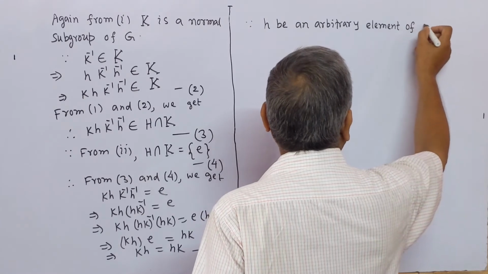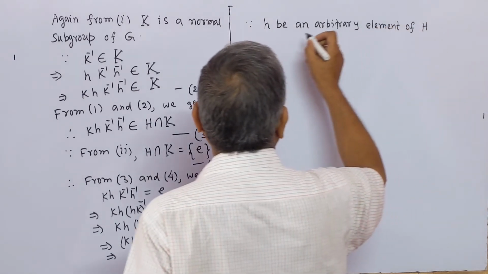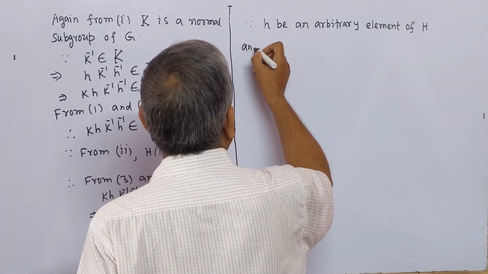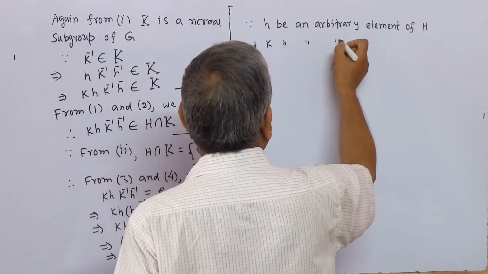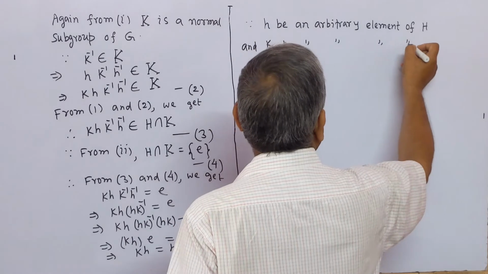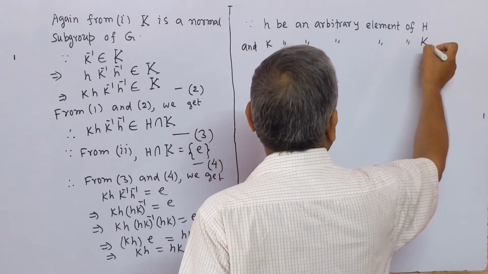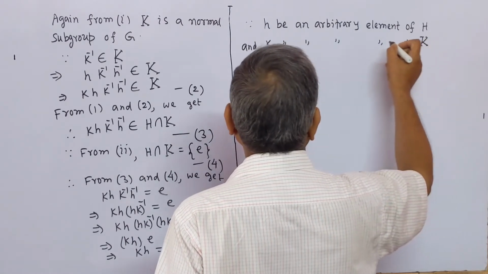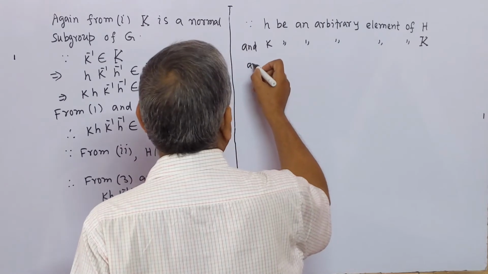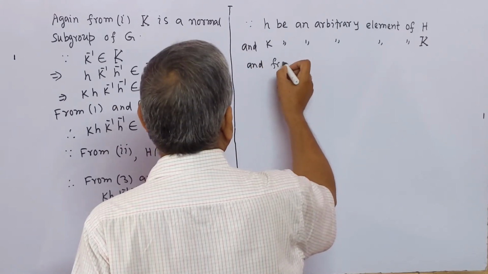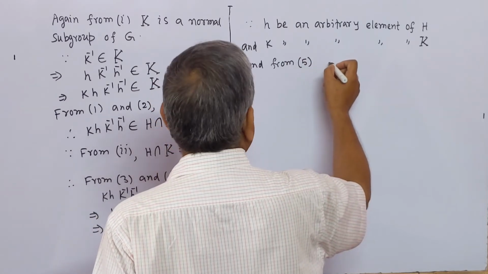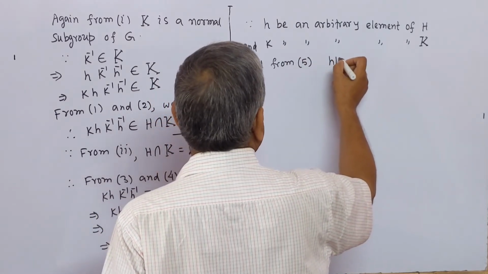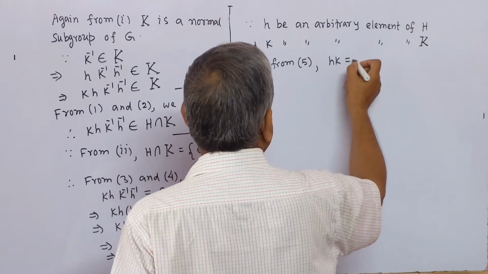Since small h is an arbitrary element of subgroup H and small k is an arbitrary element of subgroup K, from 5, hk equals kh.